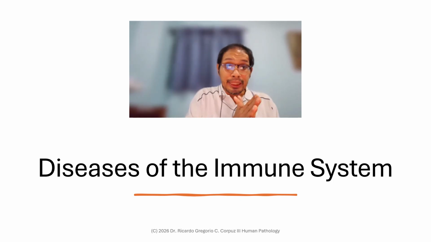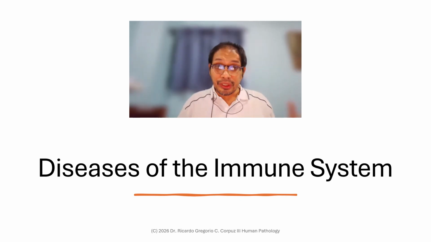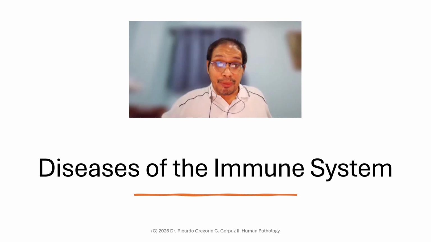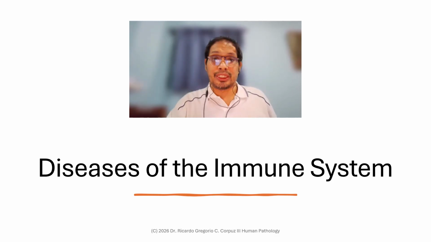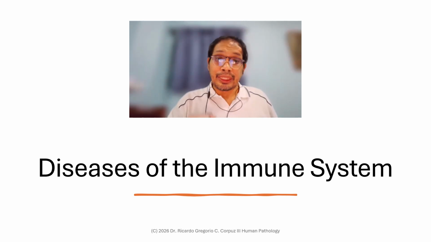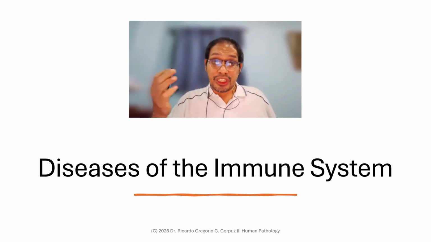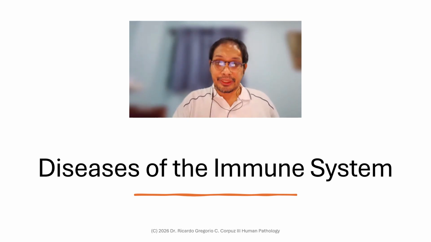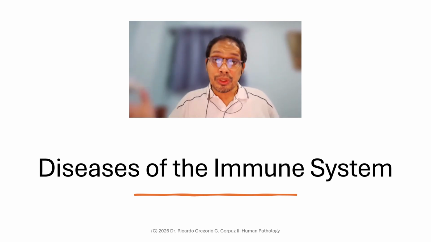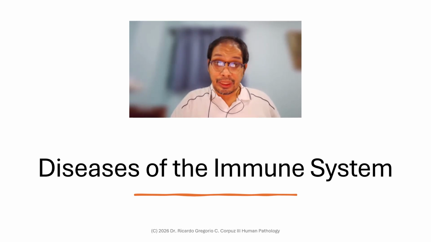Next, the third one, immunodeficiency disorder, when components of the immune system are absent or dysfunctional. It can be primary genetic or secondary acquired and predisposes to recurrent severe infections. Transplant rejection is the next one.